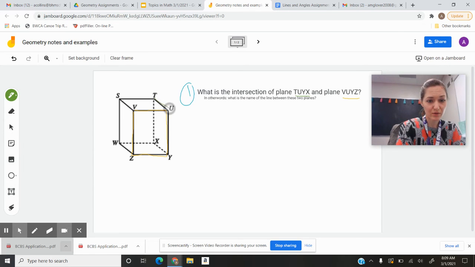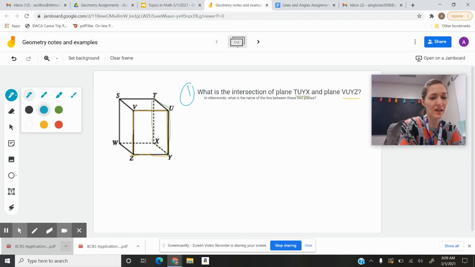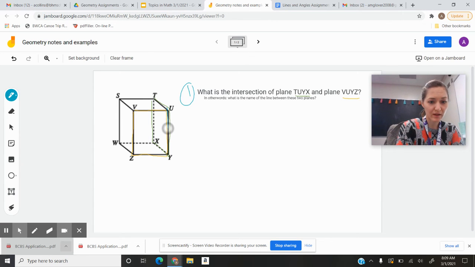TUYX is now this green square over here on the side. So what this is asking is, what's the name of the line that joins them or is in between them? And if we look, it's just UY. That would be our answer.